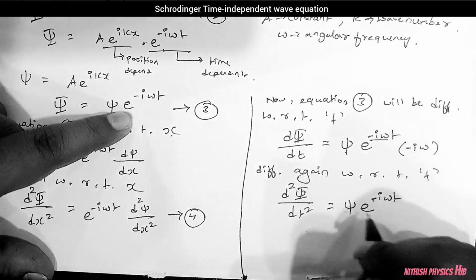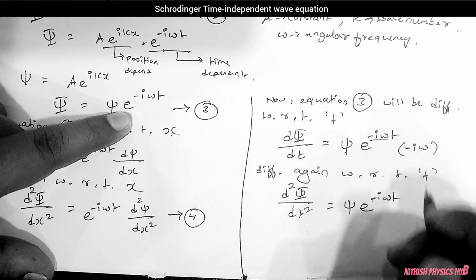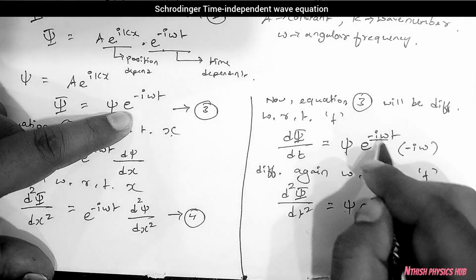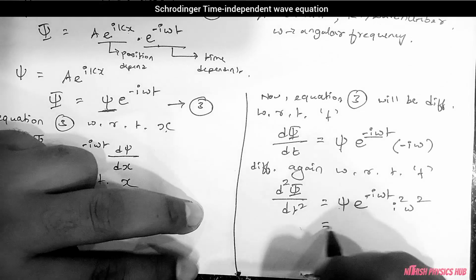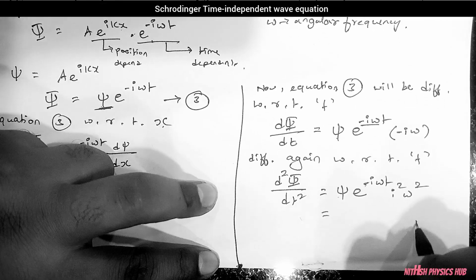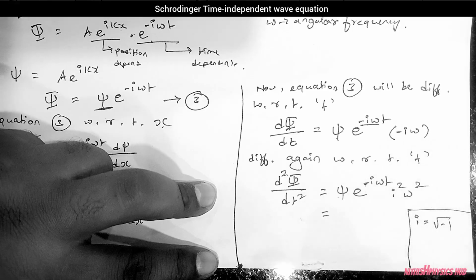Minus into minus it will become plus, right? And i will become i square, and omega will become omega square. Now we know the value of i is always given by square root of minus 1.